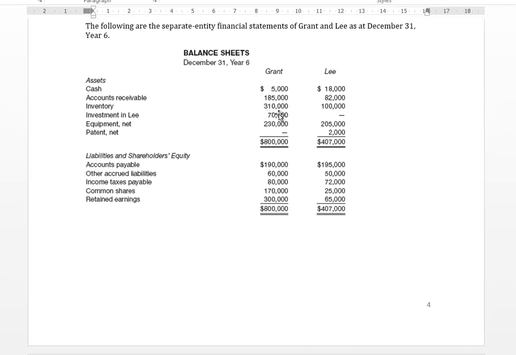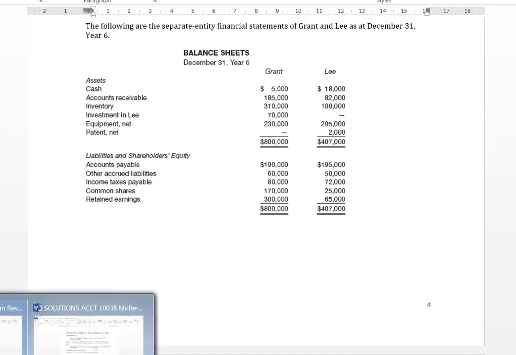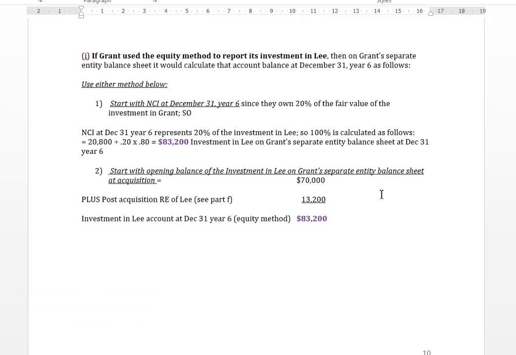That's what they paid back on January 1, year 4 when they bought it. We're asking you to think about what it would be at December 31st, year 6 under the equity method. Again, under the cost method, whatever they paid on January 1, year 4 is the value of the investment in Lee on Grant's books at the end of year 6 as well.